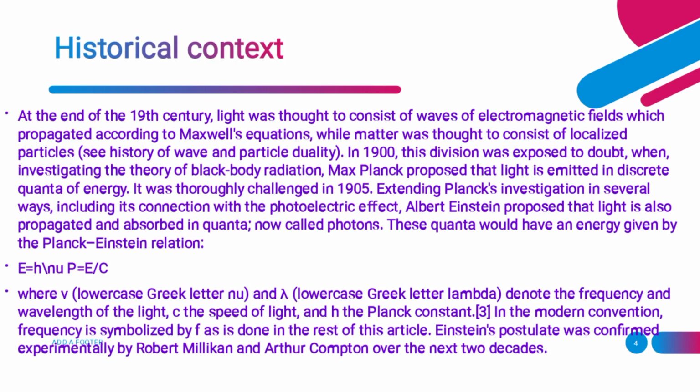Here he mentions they are called photons, and it has the Planck-Einstein relation also. We can see this equation in detail. Einstein's postulate was confirmed experimentally by Robert Millikan and Arthur Compton over the next decades.